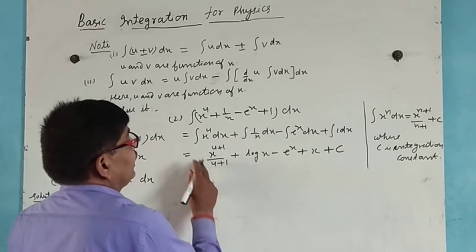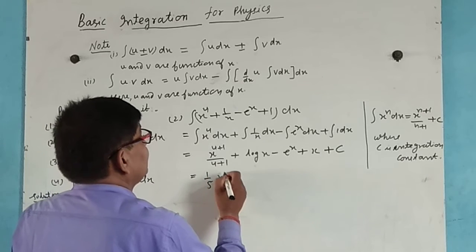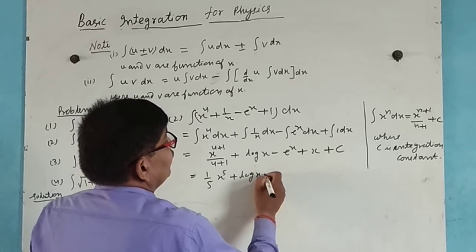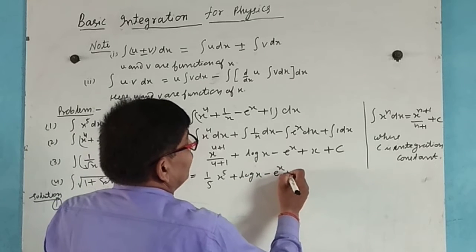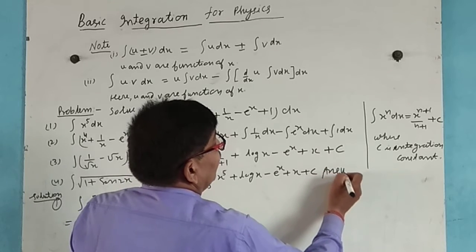Now it can be written as 1 by 5 x to the power 5 plus log x minus e to the power x plus x plus c. This is our answer.